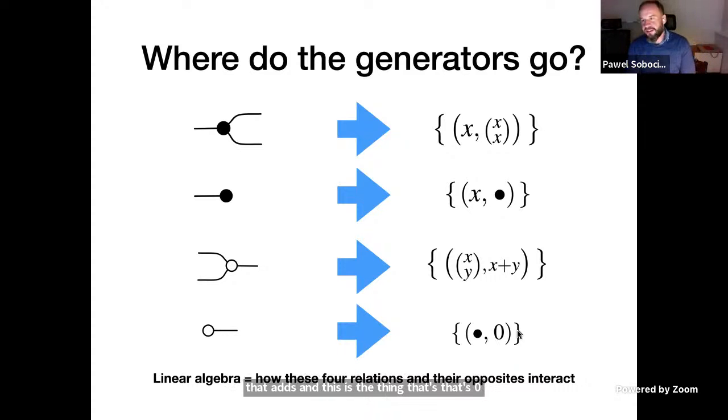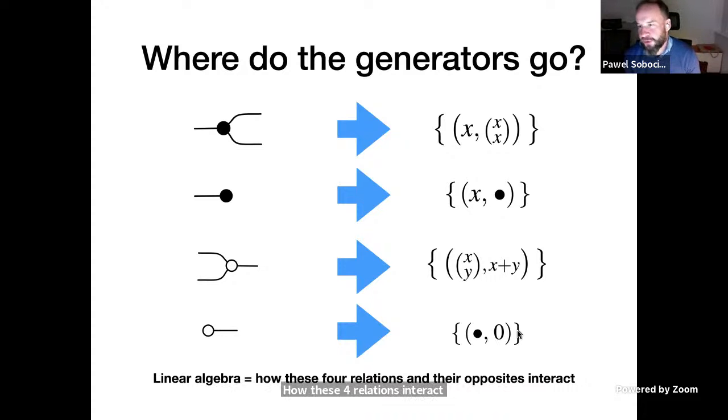Now, the interesting thing I think this presentation shows you is, what is linear algebra? Well, linear algebra is not the definition of a field followed by a definition of vectors and matrices and bases and whatever. Linear algebra can be understood as the study of how these four relations interact together.